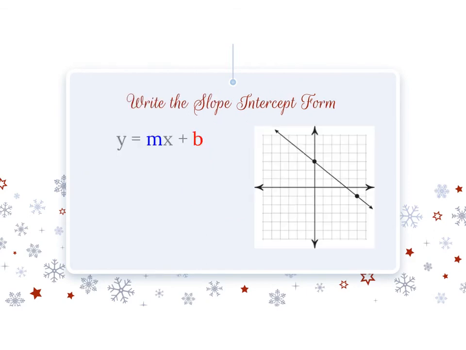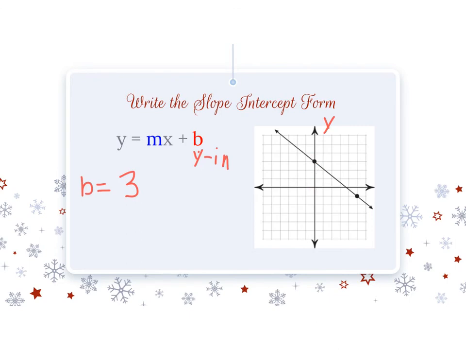So what I like to do when I'm looking at a graph here is identify our b. Our b is where we begin, our beginning. And again, we said it's the y-intercept. So my b value, where I touch the y-axis, is 1, 2, 3, positive 3.